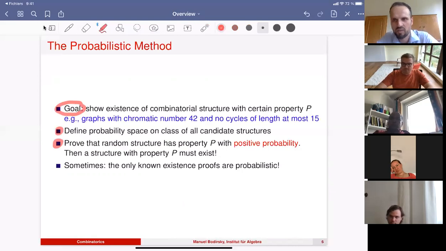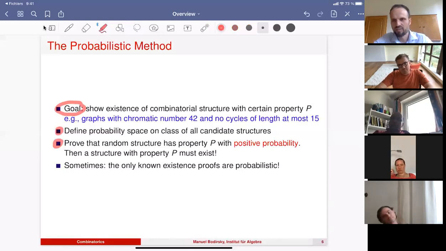But it's enough to prove that the probability is larger than 0 to know that such an object must exist. And it's really curious, and that's what I meant by mystery, that sometimes the only known proofs are of this type. There is no deterministic proof which would really show the object. You only know that the object exists, but you have no clue how it looks.